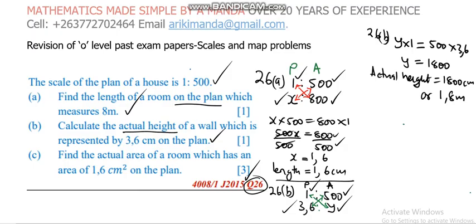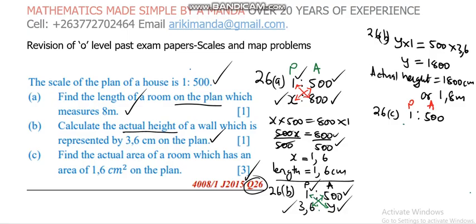Let's proceed to the next part, which is 26c. Let's start by writing our ratio, 1:500. And don't forget, this is measurement on plan, and this is actual measurement or measurement on the ground.